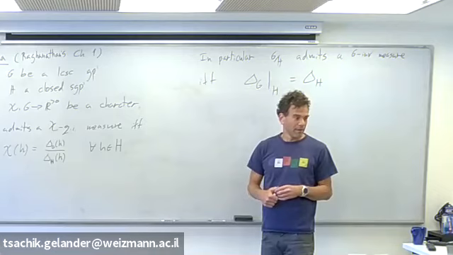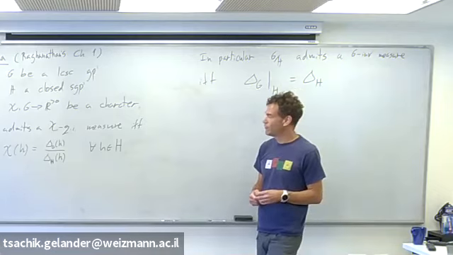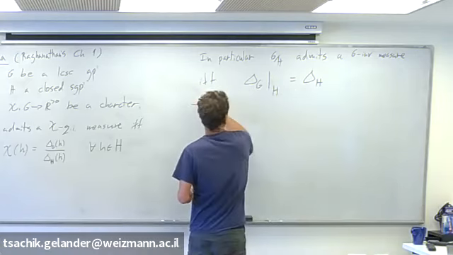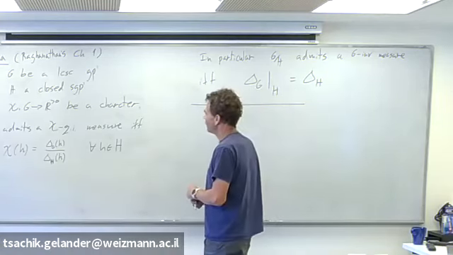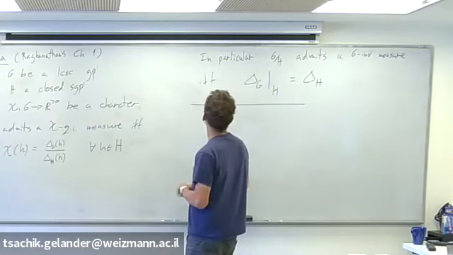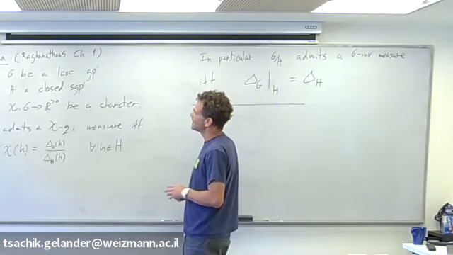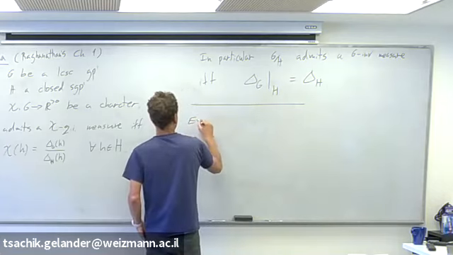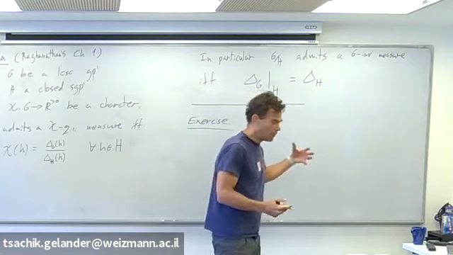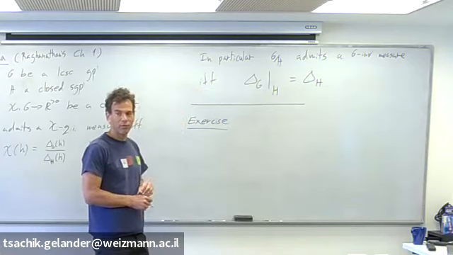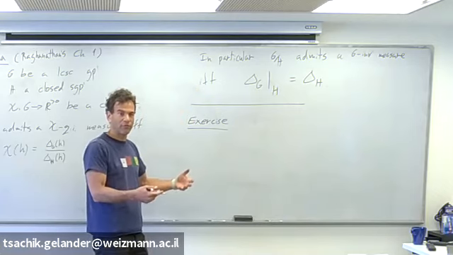If gamma is discrete, you can actually use the Haar measure. That's the next exercise for you. Here's an exercise. When gamma is discrete, you can use the Haar measure on a fundamental domain to define the measure on the quotient.